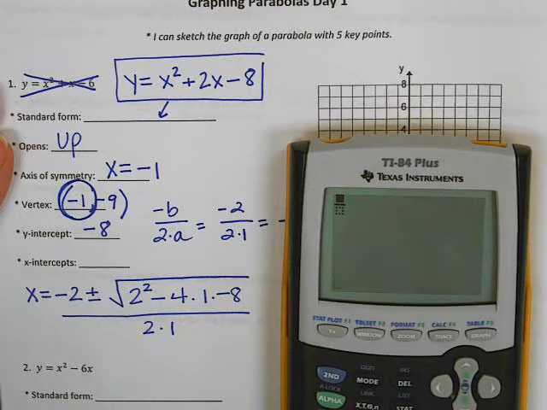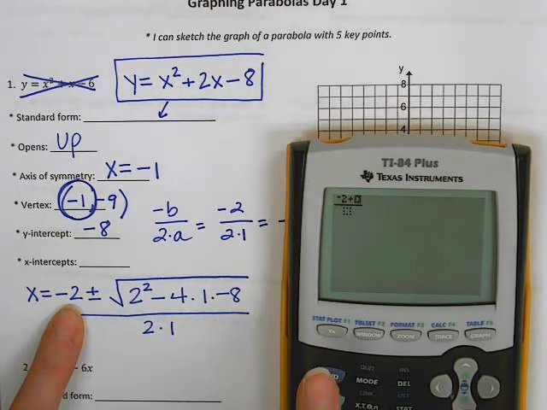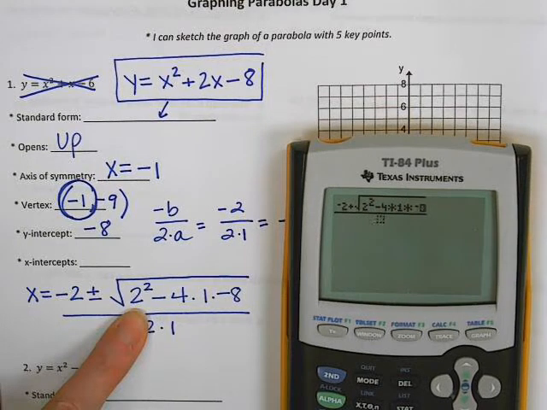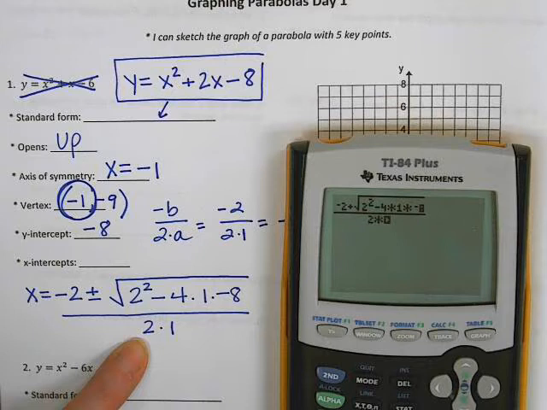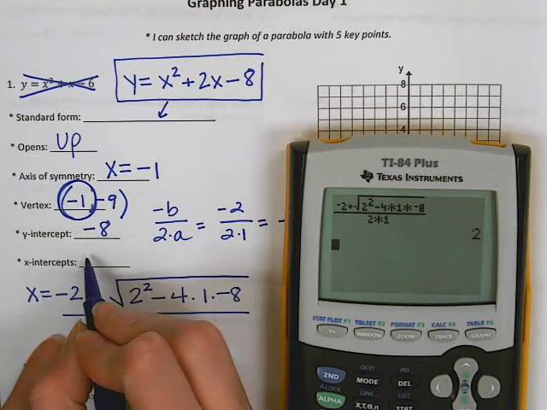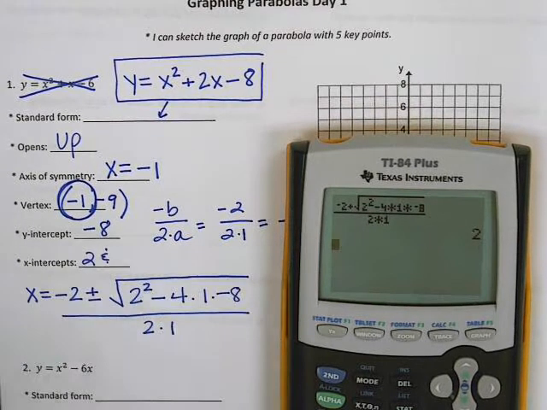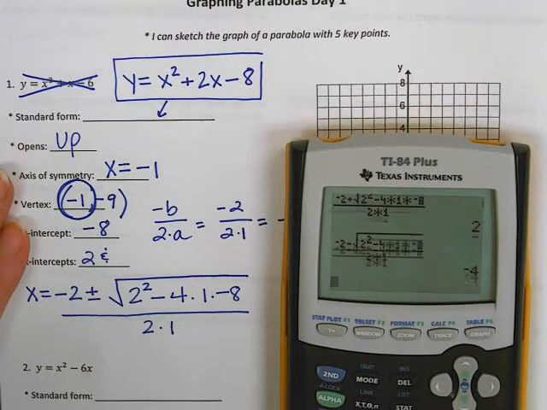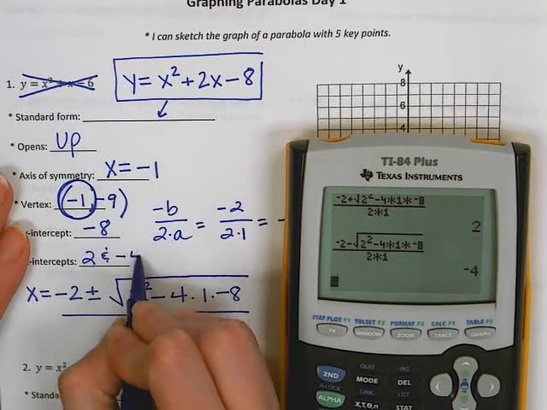So I'm going to do it in the calculator. Negative 2 plus square root 2 squared minus 4 times 1 times negative 8 all over 2 times 1. So one answer is 2. And the second answer, we turn that plus into a subtract. And the other answer is negative 4.